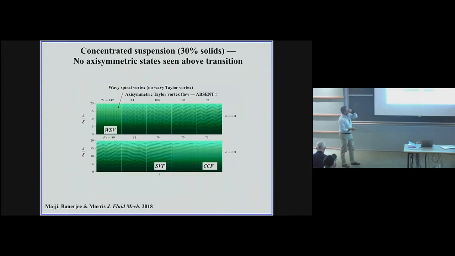Okay. So a key result as you go to higher concentrations is this, that for the wavy spiral vortex at 30% solids, we do not see any axisymmetric states after we transition away from the circular Couette flow. So we have this wavy vortex flow that gives rise to a spiral vortex flow, and then it decays away into the circular Couette flow.